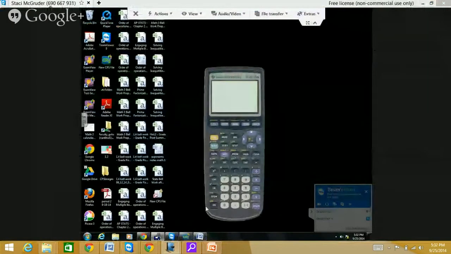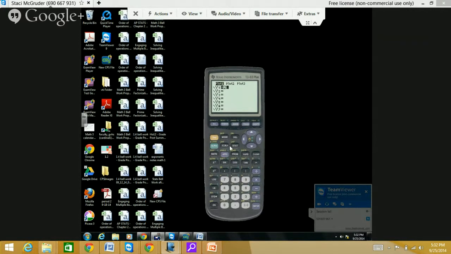So here's your calculator. If you turn it on and go to your Y equals, either make sure you don't have anything in here or that the equals is not highlighted. If it's highlighted, it's on. So if I had an equation in there like 2, do you see how the highlight is there?